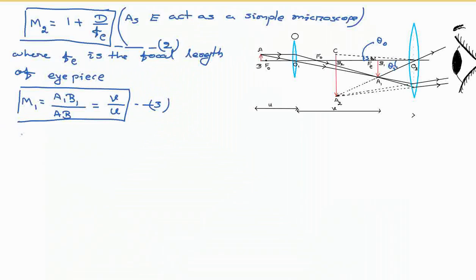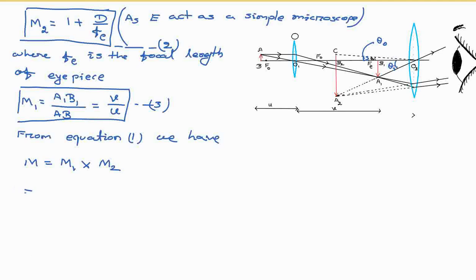Now from equation 1 we have M is equal to M1 into M2.